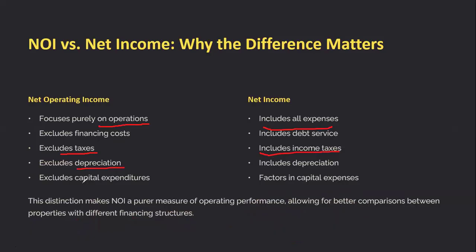It does not add depreciation, capital expenditures, and financing cost. And everything is added in case of net income. So basically, net operating income is a gross profit approach, and net income is nothing but a net profit approach.